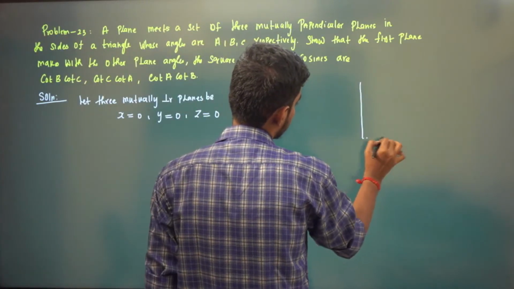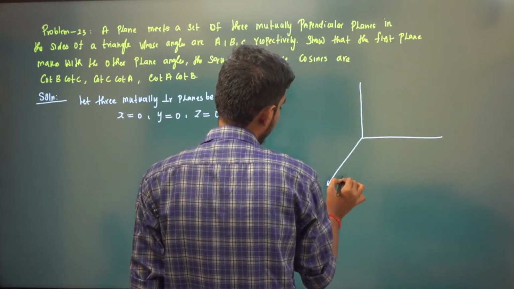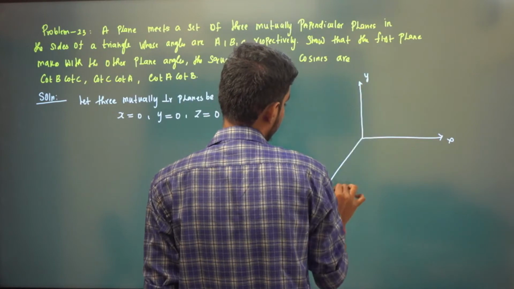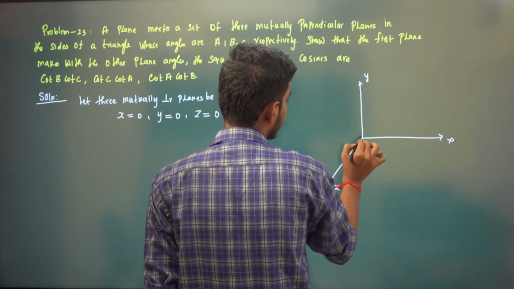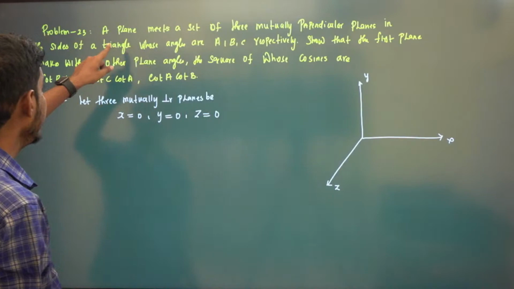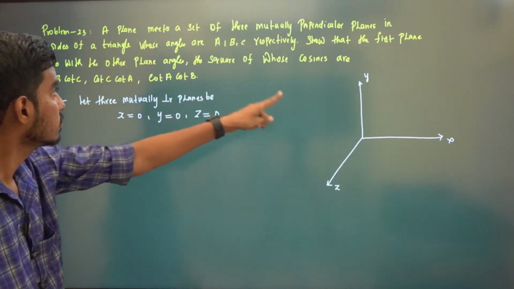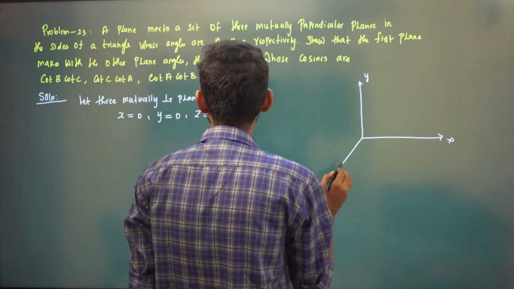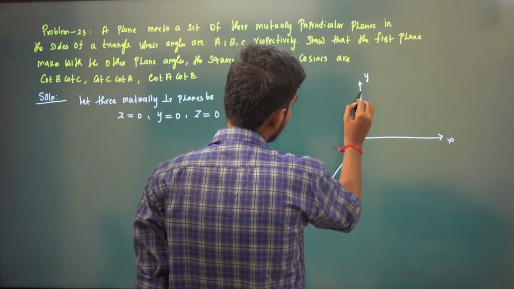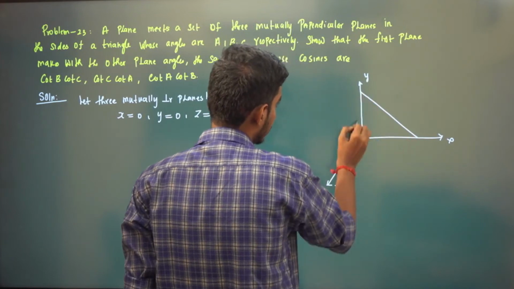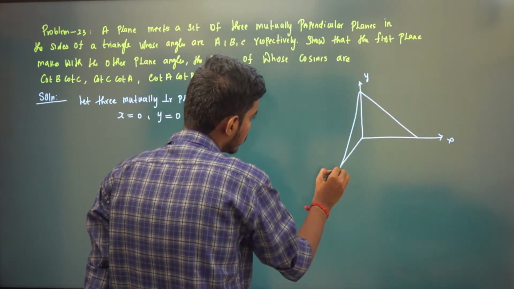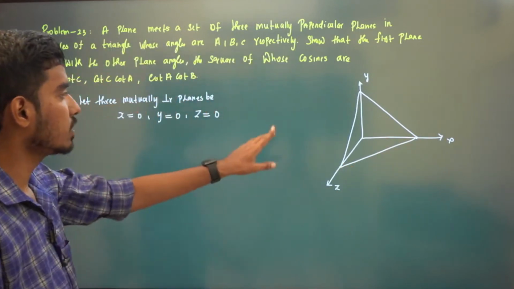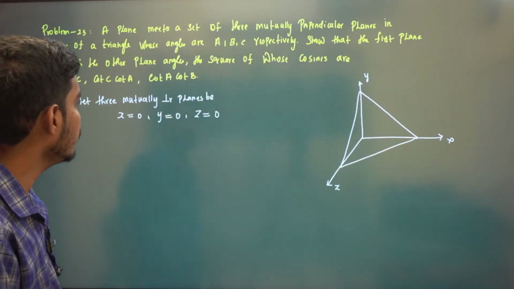This is the set of three mutually perpendicular planes: x equal to 0, y equal to 0, z equal to 0. We have a plane that meets these three mutually perpendicular planes in the sides of a triangle whose angles are A, B, C respectively.